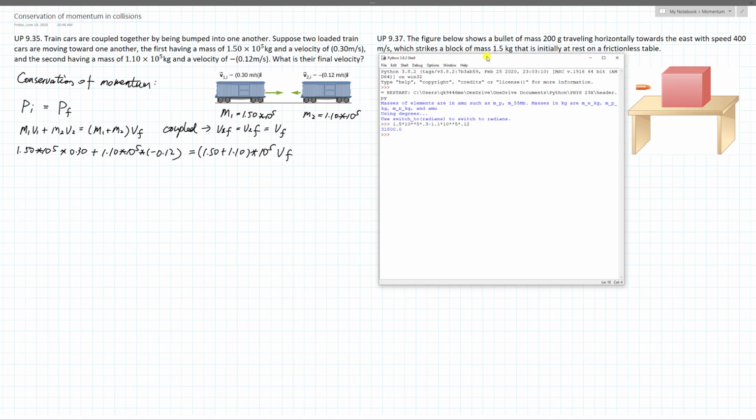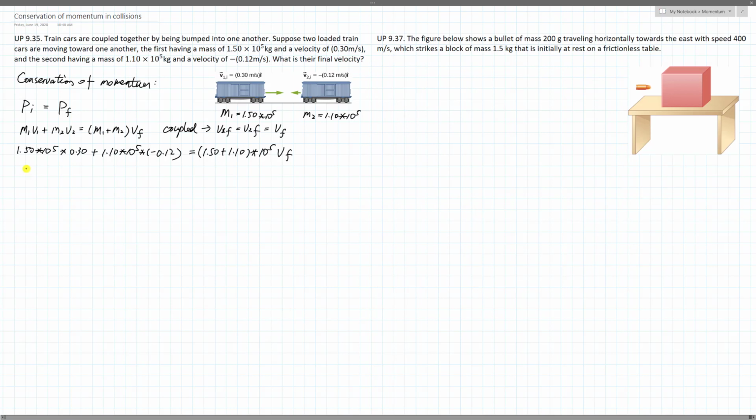Now we should have a very large number because their masses are huge. So 3.18 times 10 to the fourth power, if you count the decimal places, move the decimal 4 times to the right of 3. So the left side is 3.18 times 10 to the fourth power.